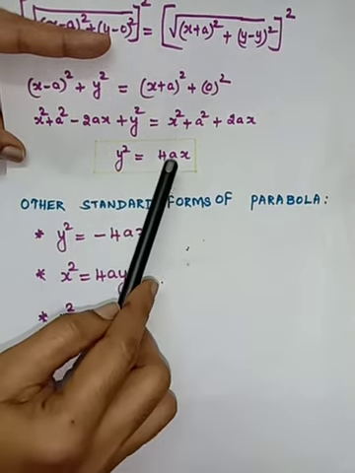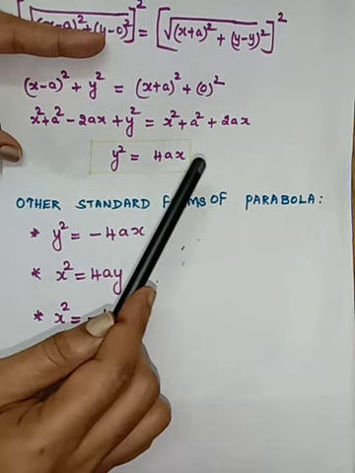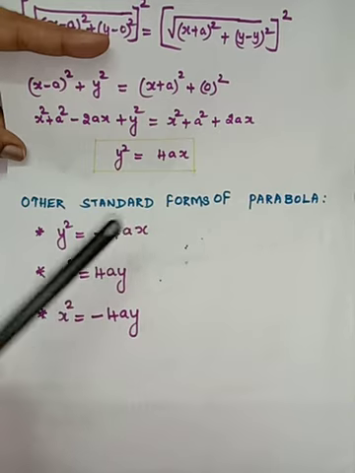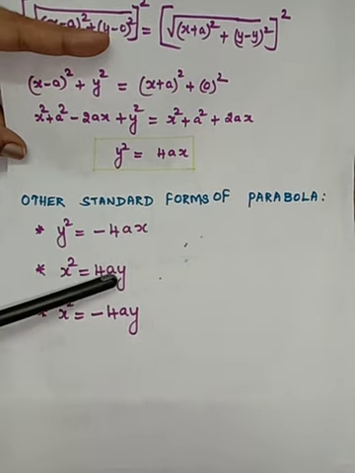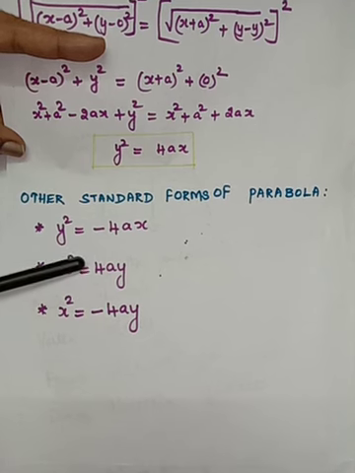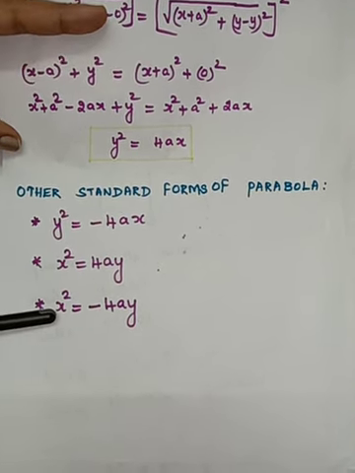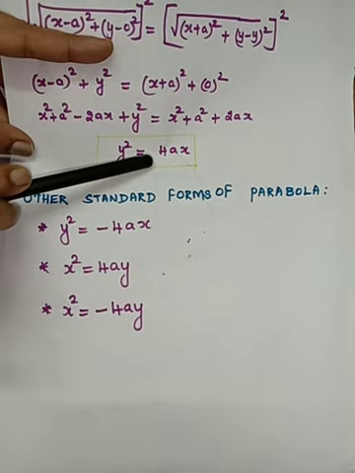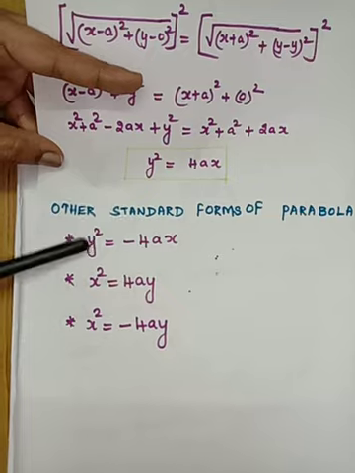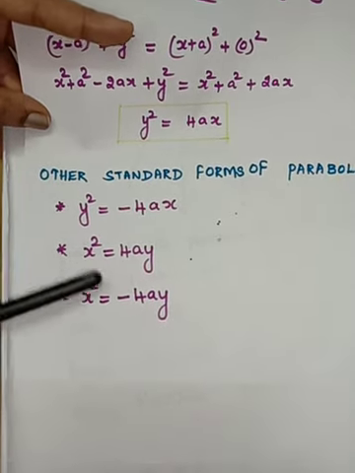Here x is positive, so the parabola opens rightward. Here x is negative, so the parabola opens leftward. Here y is positive, so the parabola opens upward. Here y is negative, so the parabola opens downward. For the first two parabolas, the axis is the x-axis. For the other two, the axis is the y-axis.